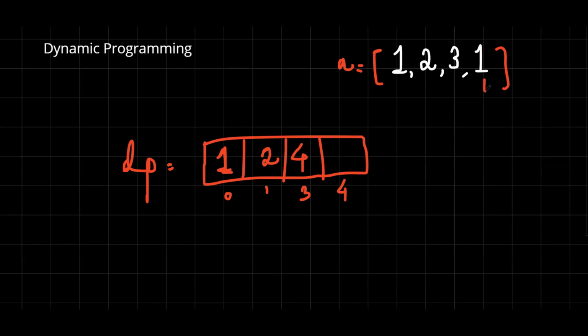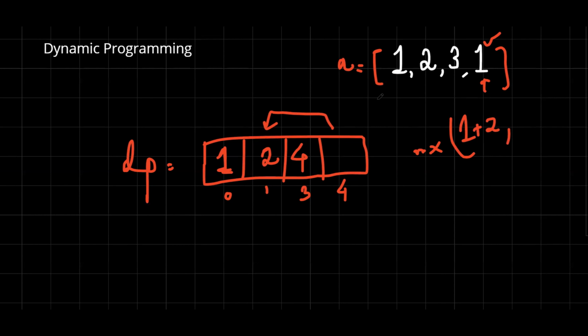Now for this last element 1, we also have two choices. Either I can take it or I can ignore it. If I take 1, then the DP of 4 will be the maximum of this 1 plus DP of i minus 2, which is this, or I can simply not take the last element.